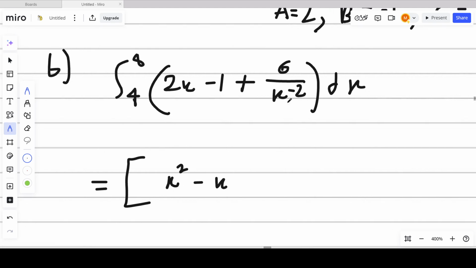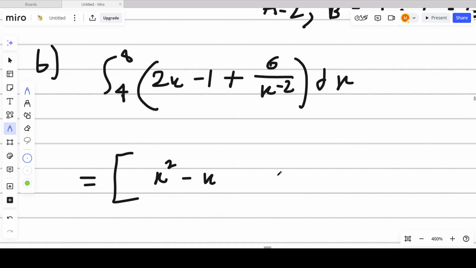For 6 over x minus 2, we know that the integration of 1 over x is ln x, so we put ln modulus of x minus 2, because logarithm can't have any negative domain. Plus the 6 there, the coefficient remains as it is. Put the upper limit 8, the lower limit is 4.